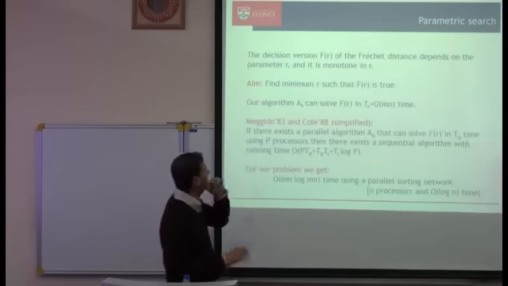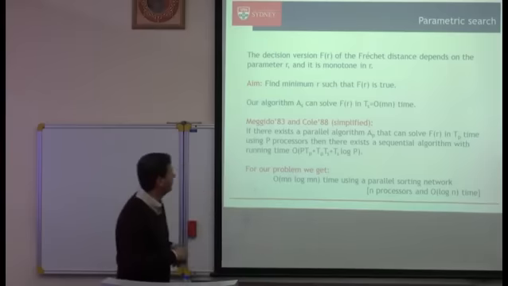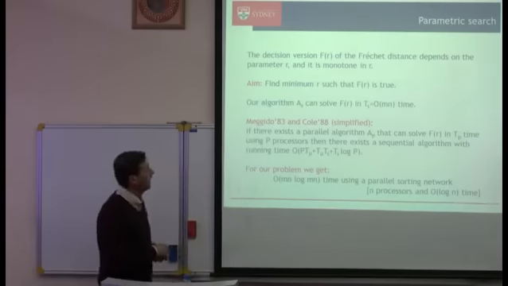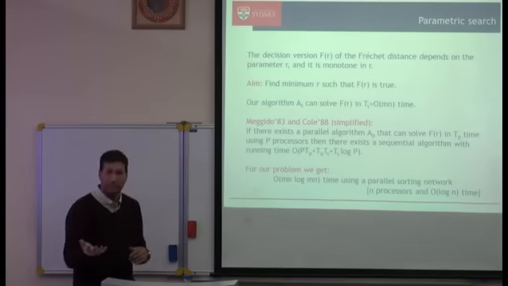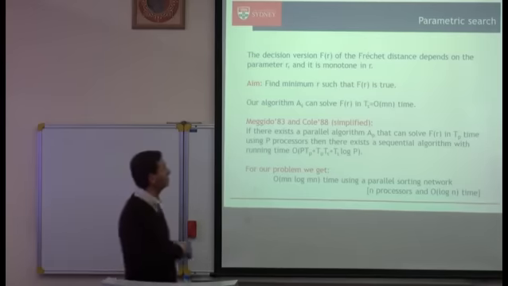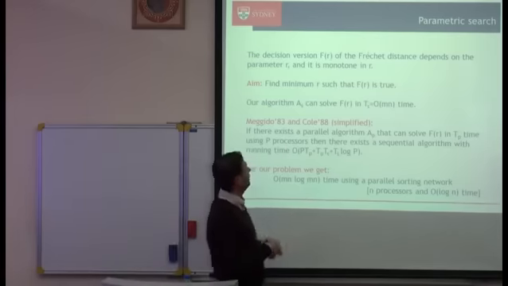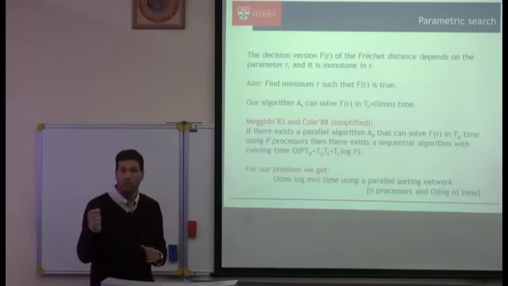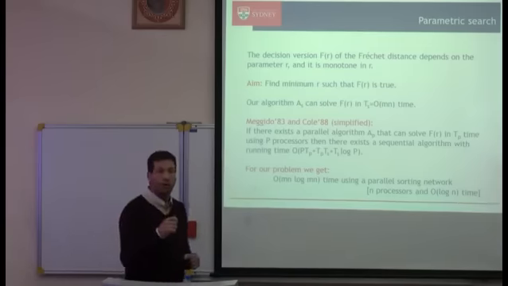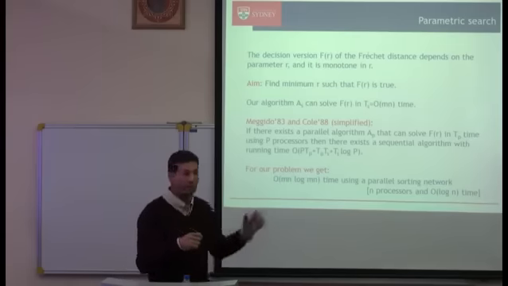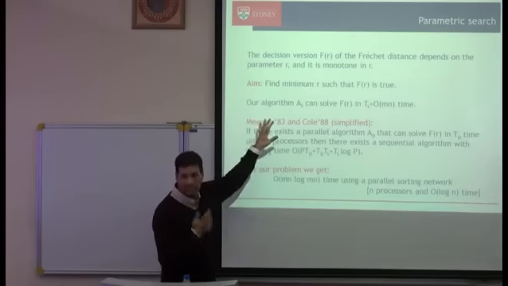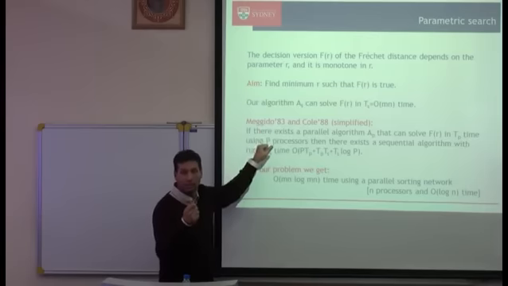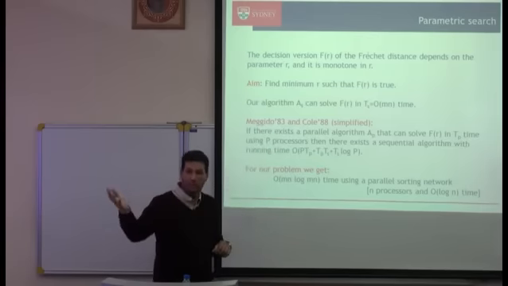So the very nice result by Megiddo and Cole is the following. We have a decision version that says if the Fréchet distance is smaller than R or greater than R. It depends on the parameter R, and it is monotone, right? If I know that the decision version says yes for some big R, then it will say yes for every R that is bigger than that.